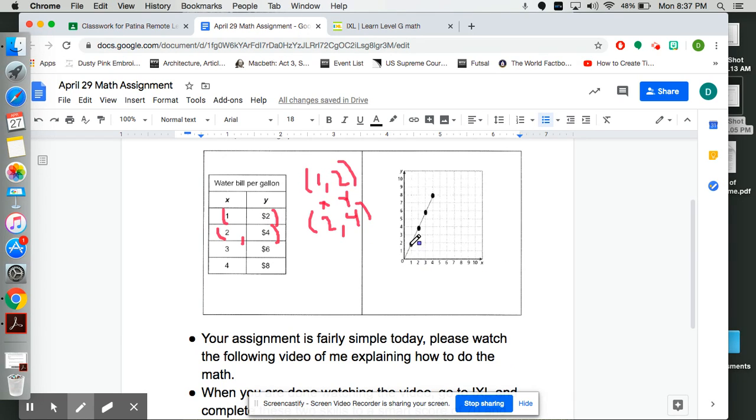So 1, 2. So that was where the first dot is. This now says I'm on 2 all the way up to 4 on the y-axis. This is 3, comma 6, and this one would be 4, comma 8. So those points were already plotted, but I just wanted to explain that a little bit.